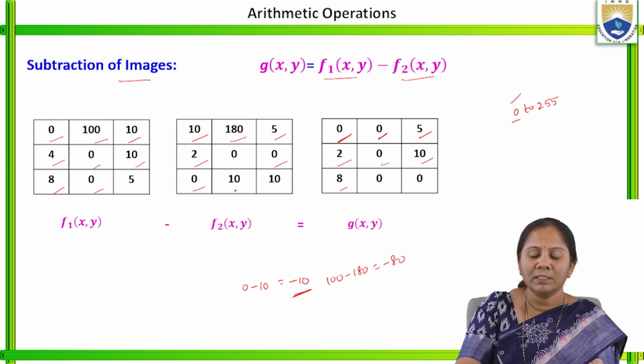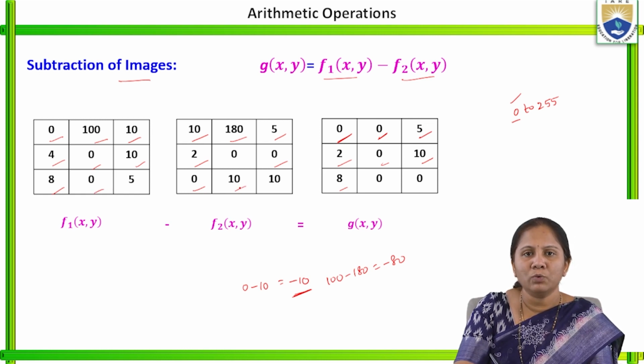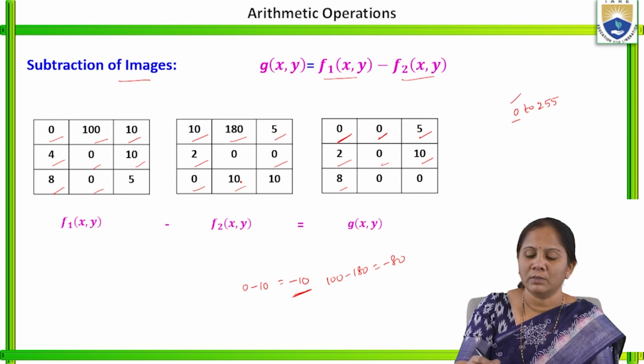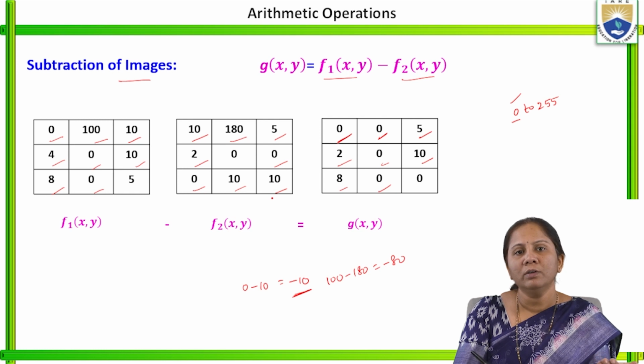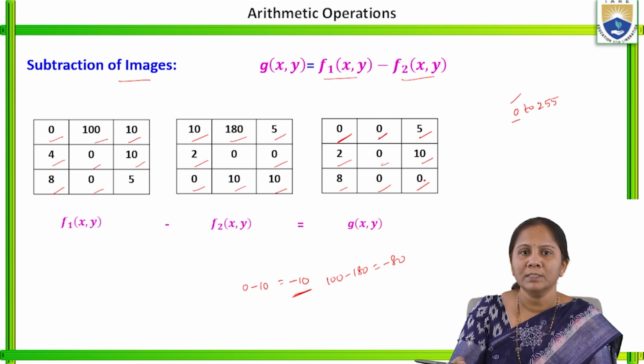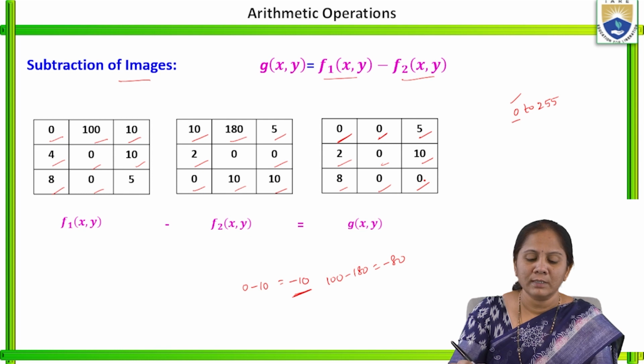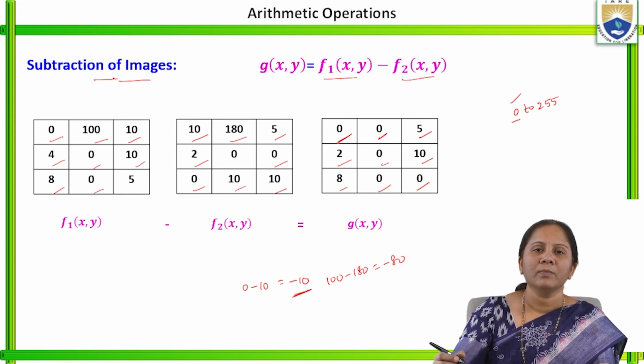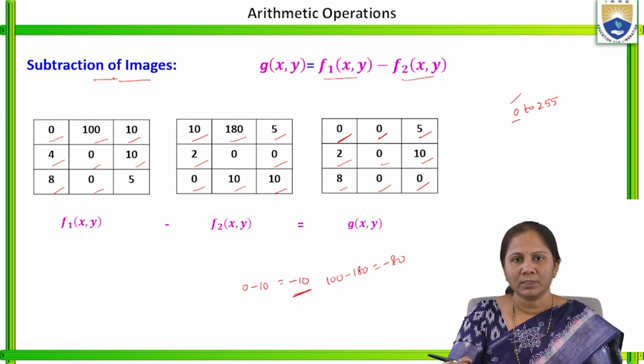And 0 minus 10, again here we are going to get minus 10, so we have to round it off to the minimum value, that is 0. And 5 minus 10 is also minus 5, which is negative, so we have considered it as the minimum value, that is 0. So like this we have to apply all the rules in order to perform subtraction between images.